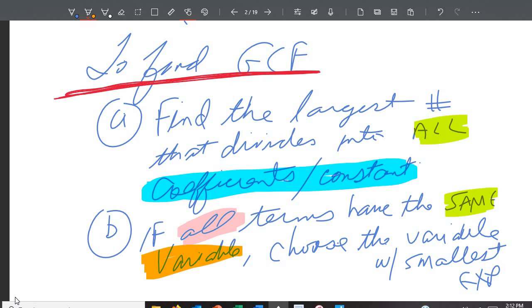The key is they all have to have that variable. So it's a number that divides into all the coefficients, and it's the largest one, but it's the smallest exponent of the variable if they all have the variable. As far as the numbers go, they all have to be divided, and they all have to have the same variable for it to be the GCF.